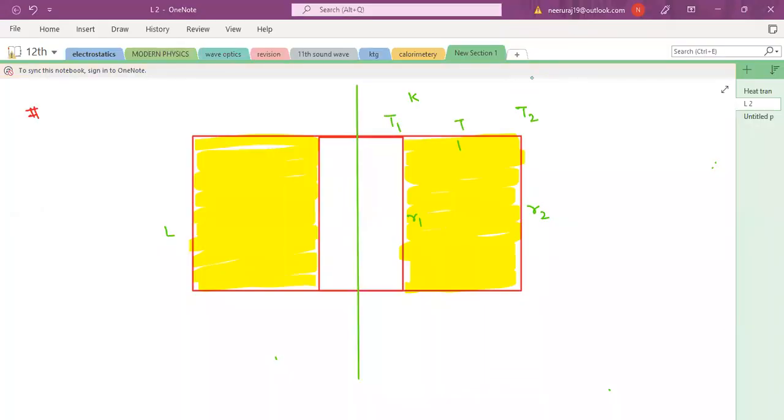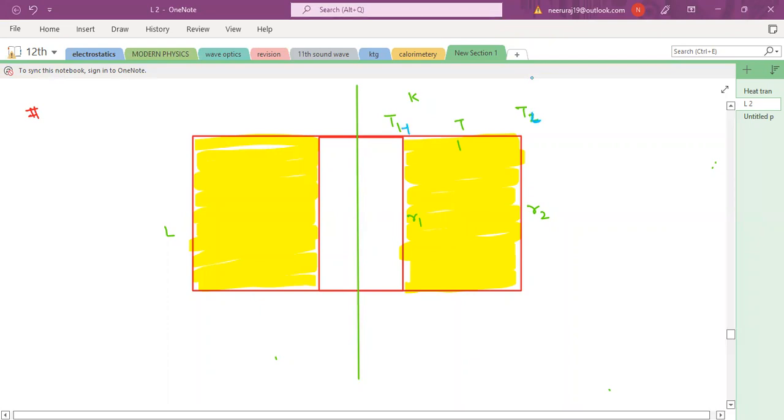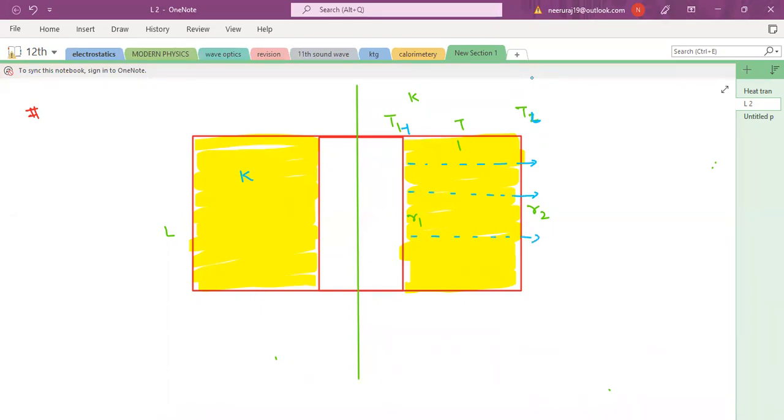One problem based on cylinder. So this is a cylinder, a concentric cylinder. The inner temperature is T high and the outer is T low. And you have filled the material here, which has a thermal conductivity K. So current is flowing like this. The inner radius is R1, the outer radius is R2.